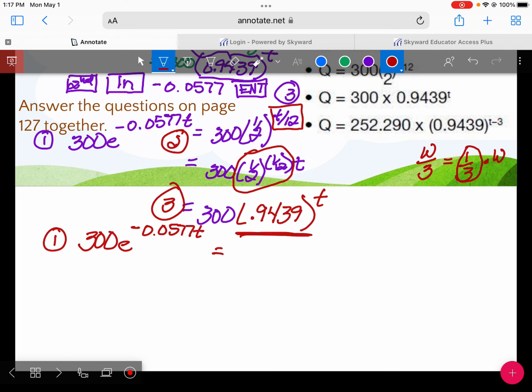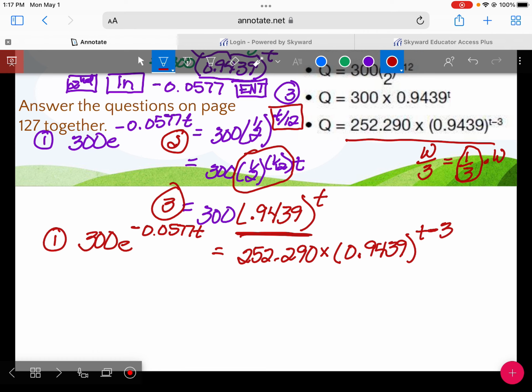We want to take that to this one over here, which is 252.290 times 0.9439 to the t minus 3.